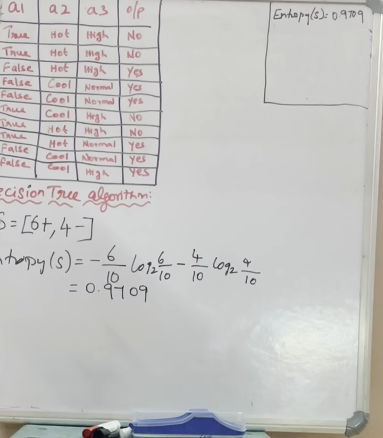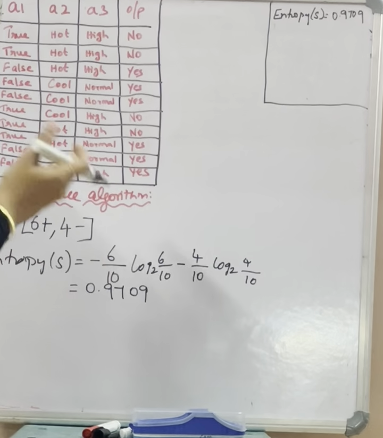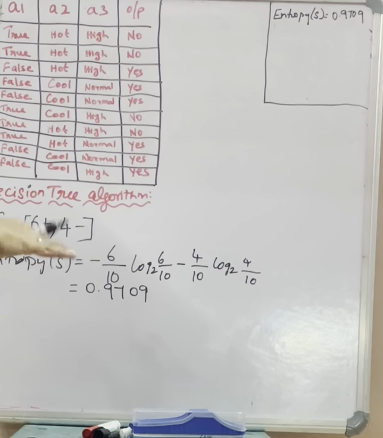So the next step is we have to find which attribute has the higher information gain so that I can draw the decision tree. First we have to find the root node, which is the attribute that we have to place in the root node. For that we need the information gain. The attribute with the highest information gain among all the attributes should be placed as the root node of the tree.